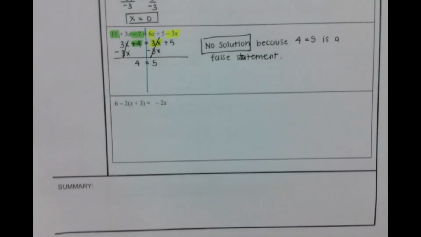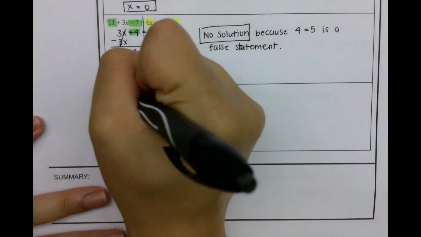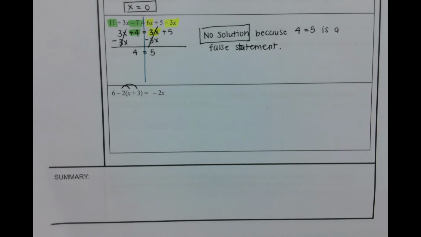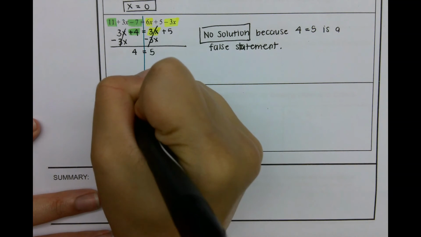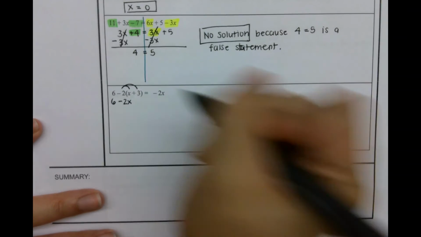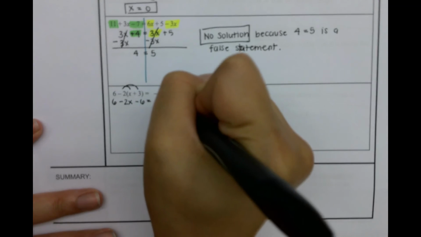Let's look at the last one. We're skiing to solve. The first thing we're going to do is simplify by distributing and combining like terms. I'm going to distribute this negative 2 by multiplying. Negative 2 times x is negative 2x, and negative 2 times 3 is negative 6. Remember, be careful of those signs.